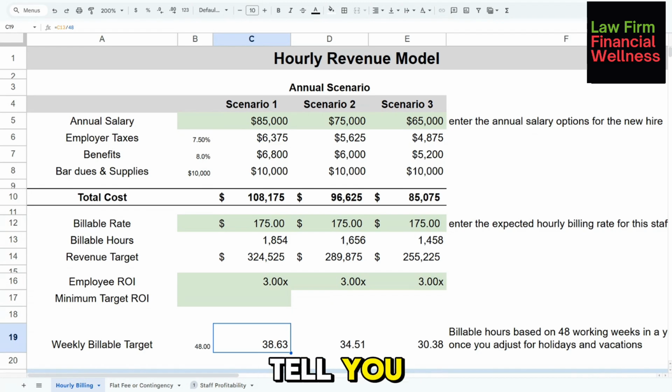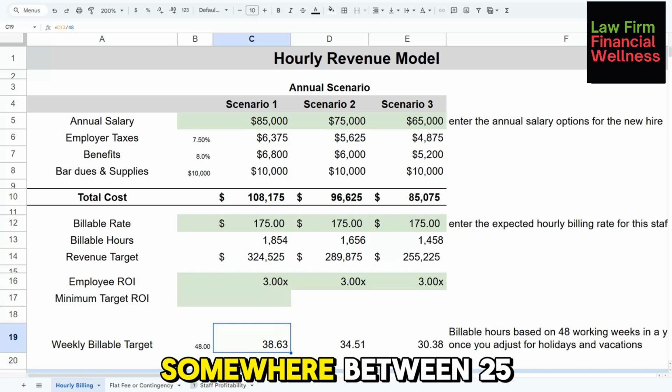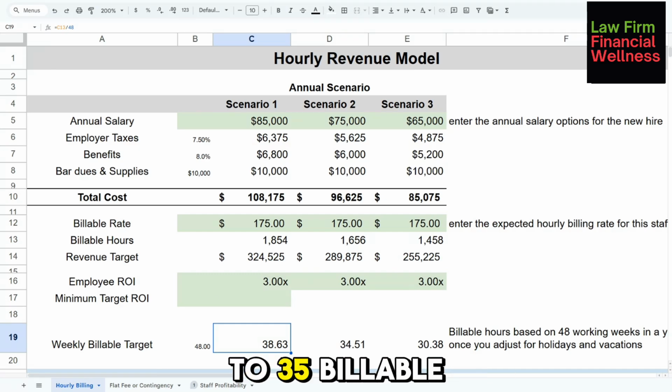Now, I will tell you, that's probably not very realistic, because that means almost every hour of their day is going to be billable. And I just don't see that to be very common in small to medium-sized firms. More so what I see is probably somewhere between 25 to 35 billable hours, and actually more like 25 to 32 billable hours a week is usually what I see.